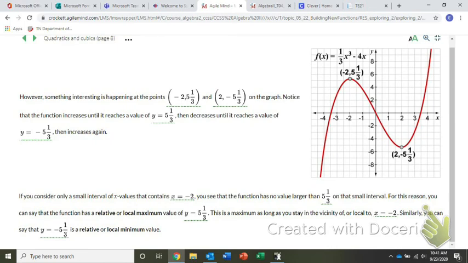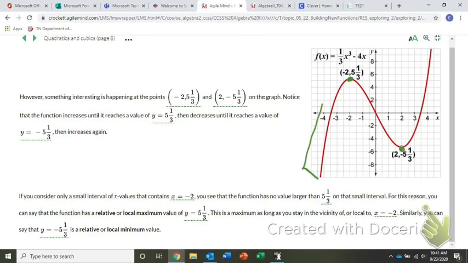Now, this is the part you're going to know already. It says, however, something interesting happens in these points. So this is the exact same graph, okay? Notice that the function increases until it reaches y equals 5 1/3. So here's a point, and here's a point.